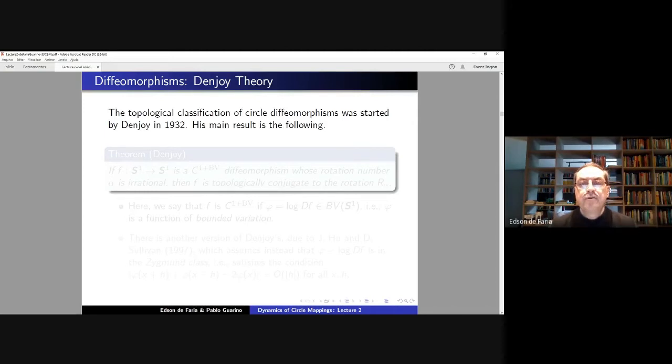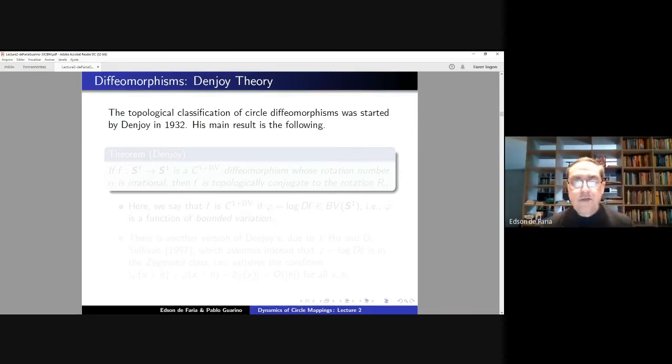So in this lecture, and in practically all lectures in this course, we will primarily be interested in maps which have no periodic orbits, because when a circle homeomorphism or diffeomorphism has a periodic orbit, then it's easy to reduce the study of its dynamics to the study of the dynamics of an interval homeomorphism. And the dynamics of interval homeos is rather trivial. So we're not going to worry about that.